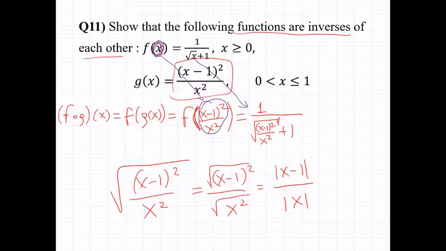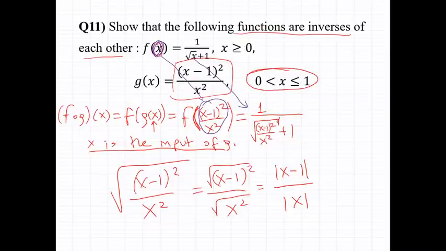Now here, the important thing is, do we have such a condition on x? Yes, when you put x here, x is the input of g. If x is the input of g, then g accepts these x values.